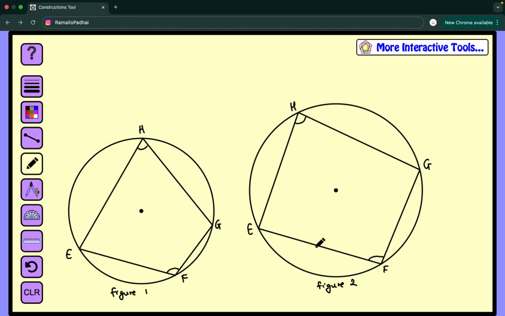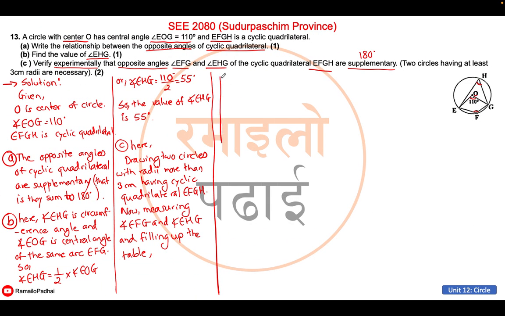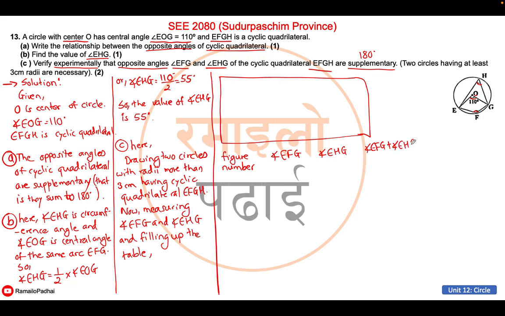Okay, so this figure will be made in this section of your answer sheet. Now I will construct a table to fill the values. So: figure number, angle EFG, angle EHG, angle EFG plus angle EHG, and result.